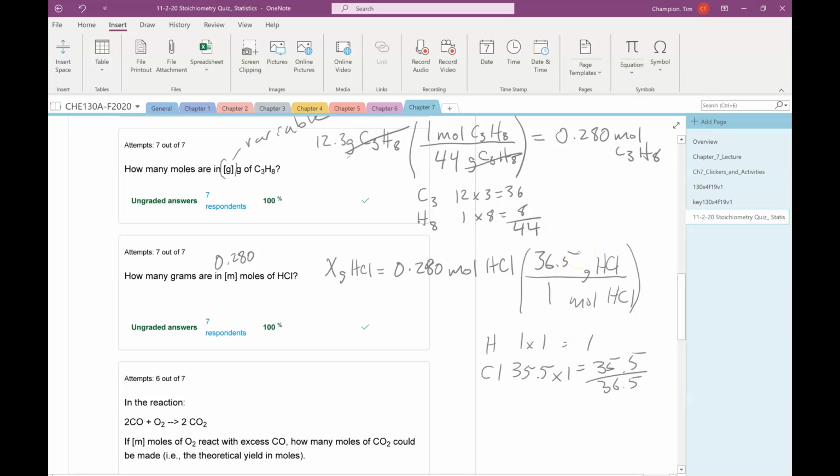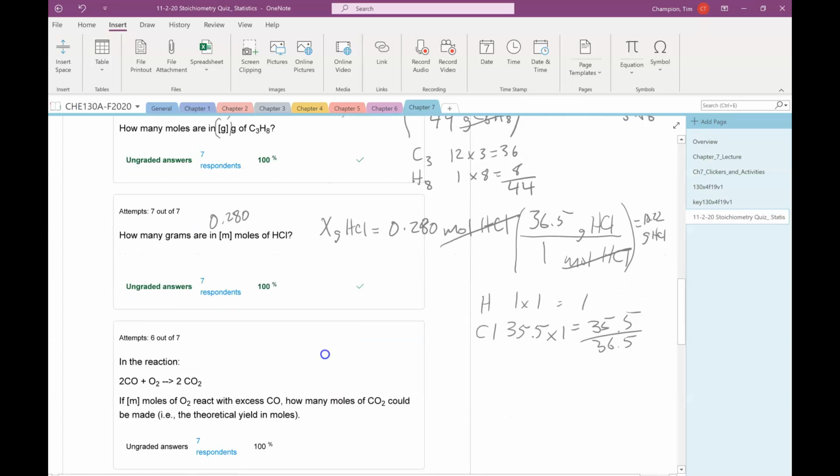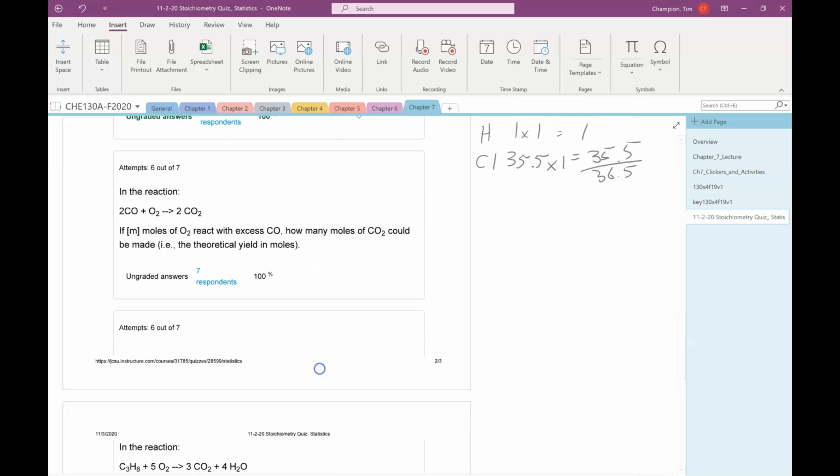So 0.280 times 36.5 gives us 10.22 grams of HCl. And again, we know it's grams of HCl because moles of HCl canceled out. So basic mole, gram, gram, mole conversions there.